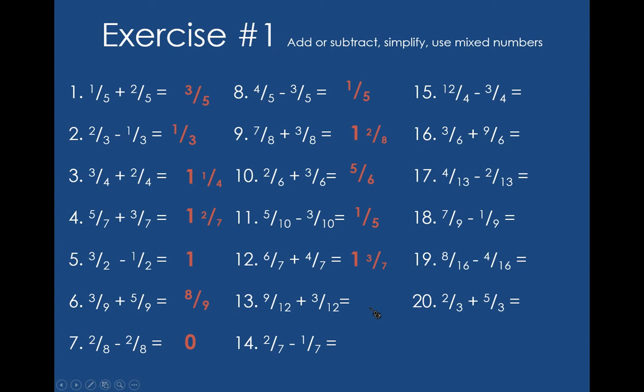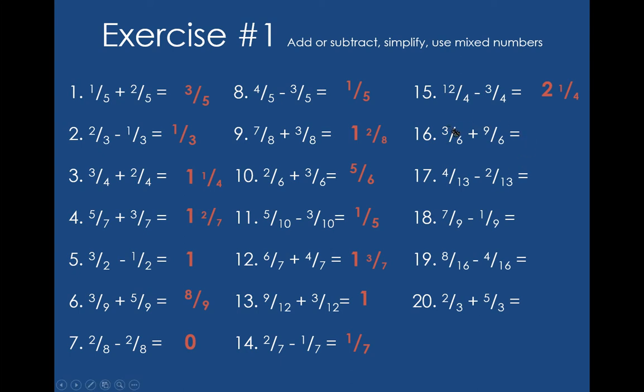So, 12/12 or 1. Next natin, 2/7 minus 1/7. So, pag-subtract lang yung numerator, 1/7. Ganun din dito. So, 12 minus 3, 9/4. And naka-improper. So, we need to convert that to mixed number. So, magiging 2 and 1/4.